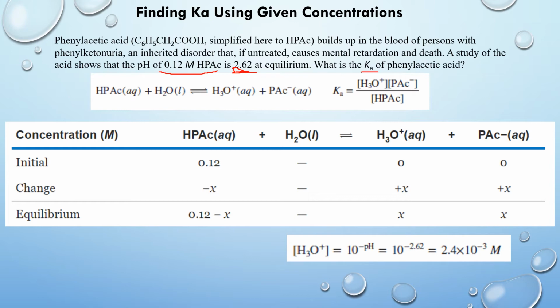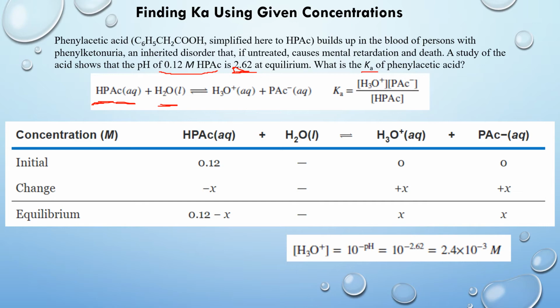Of course. The approach for solving this type of problem is first to write down the chemical reaction, this dissociation process. We have the acid dissolved in water, where water acts like a base.